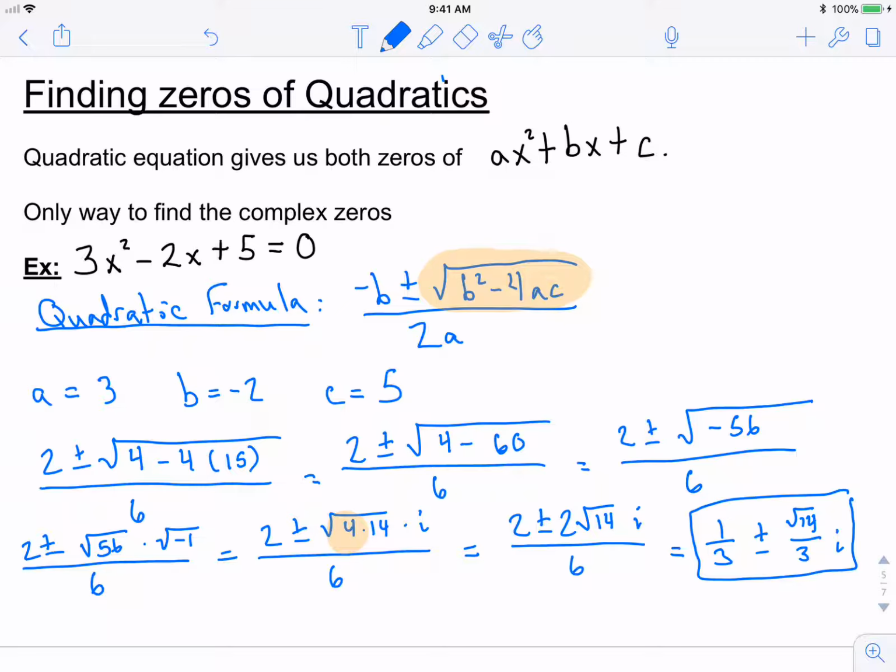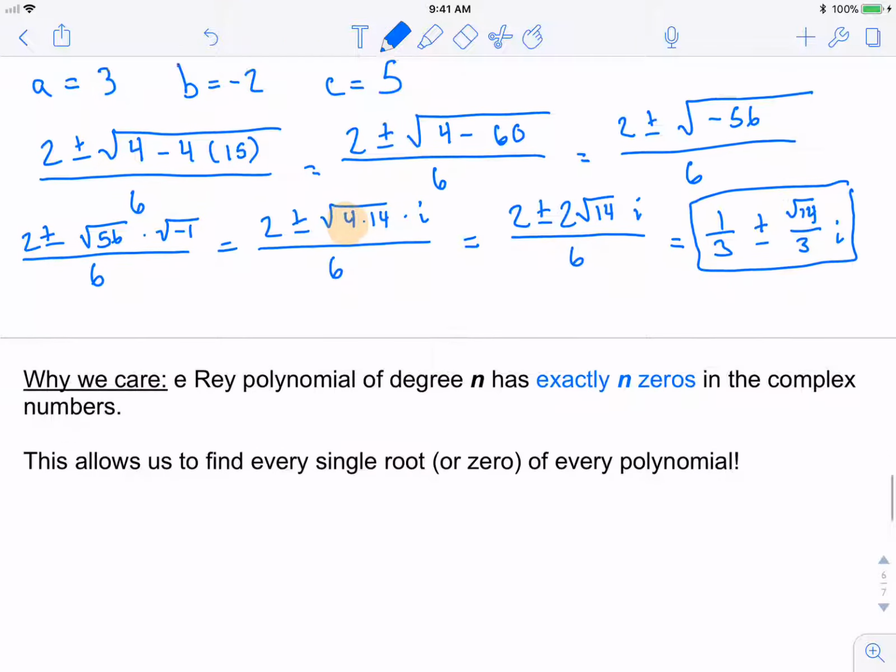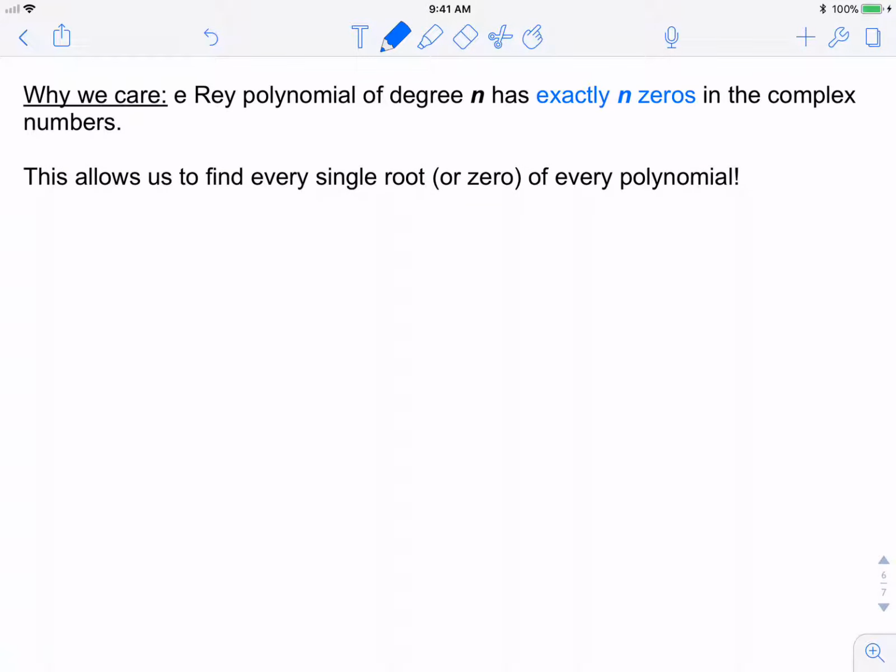So before, when we couldn't solve our quadratics, with a little knowledge about complex numbers, we can actually arrive at zeros and continue factoring things until we've got nothing but linear factors left. Now why do we care? Every polynomial of degree n has exactly n zeros in the complex numbers.